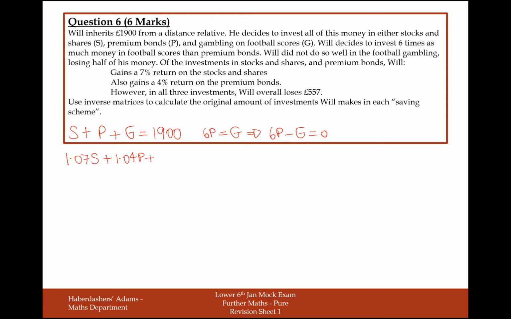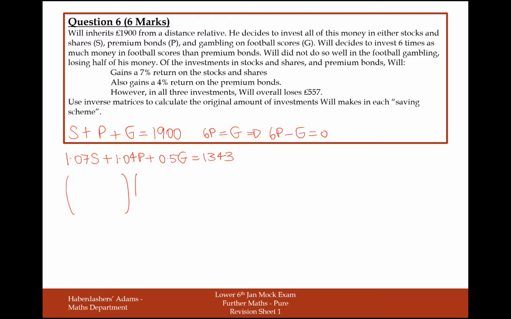And if I've lost half my money from gambling, looking on the positive side of things, I've still got half of my money. So I'm going to add 0.5G. This is going to equal, well, I've lost £557 from my original 1,900, so I've still got £1,343.